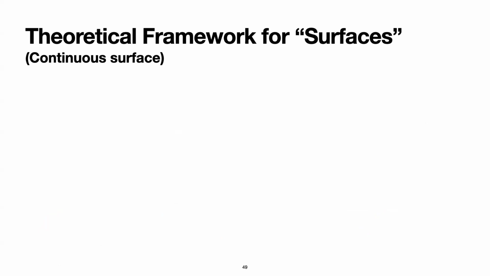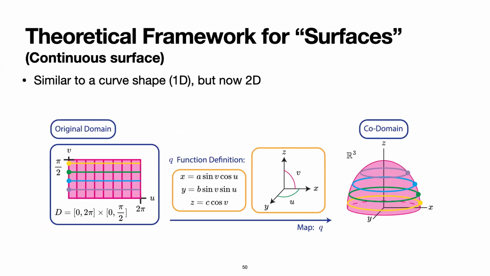For surfaces, it's similar to curves, except that instead of taking points from a 1D space, we're taking points from a 2D space and mapping them over to 3D. And similarly to curves, I've provided one of the more basic examples, which is just mapping points from this to this with spherical coordinates.